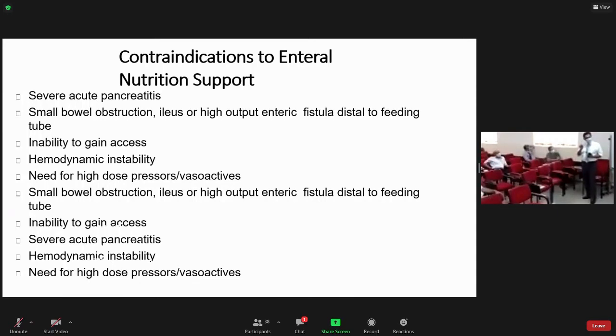If you can put the distal end of the tube distal to the fistula, then of course you can continue tube feeding even though the fistula is there. Also inability to gain access, hemodynamic instability, and need for high dose of vasopressors. So I have repeated the same thing. These are the contraindications for the enteral route. Next slide, please.